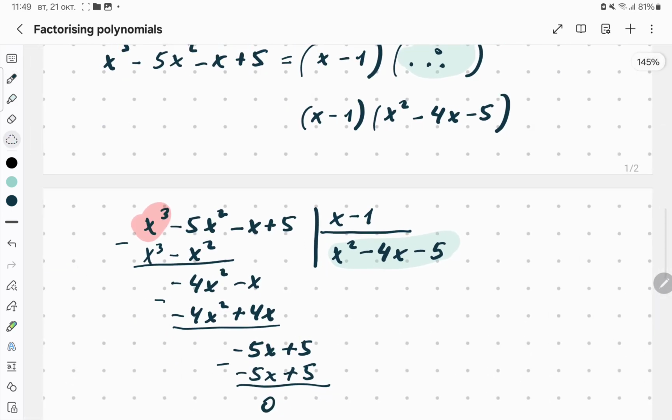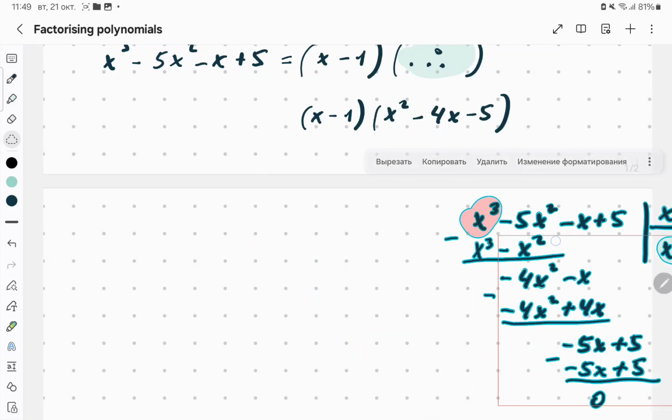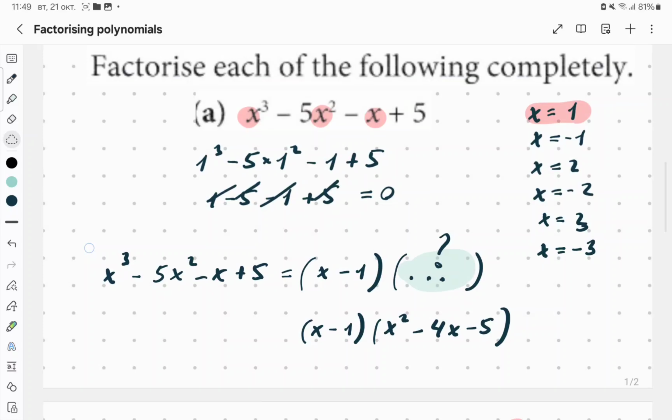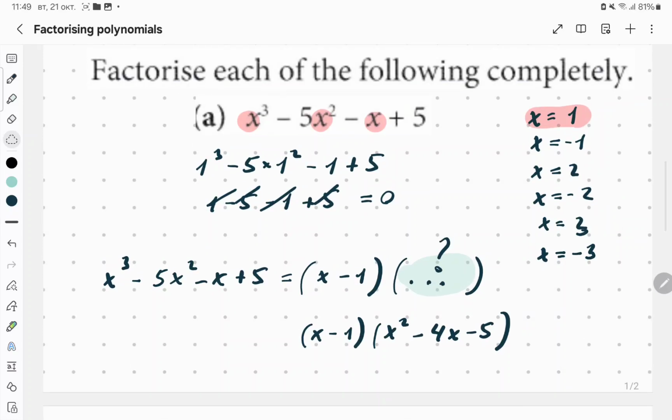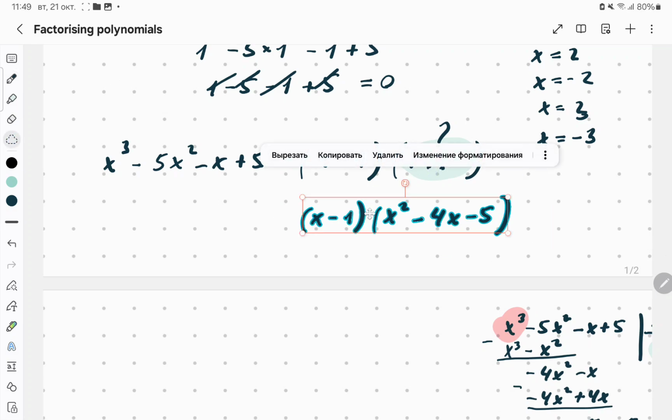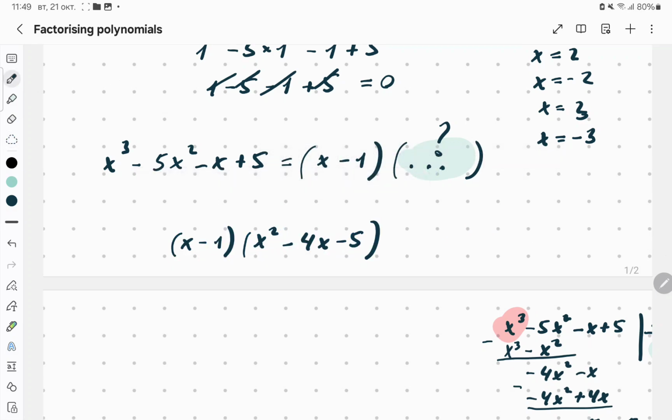Now I will put this aside somewhere here. The next step is to factorize each of the following completely. You see that this second quadratic expression could be further factorized. So let's factorize this expression: it is another two brackets, (x minus 5)(x plus 1).